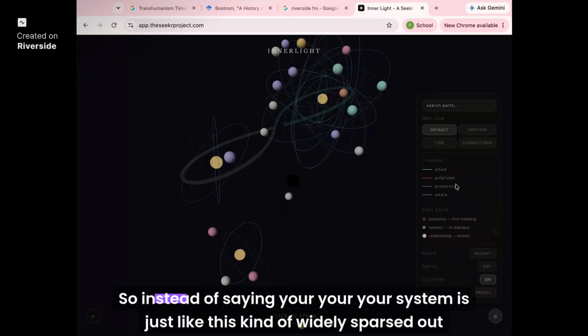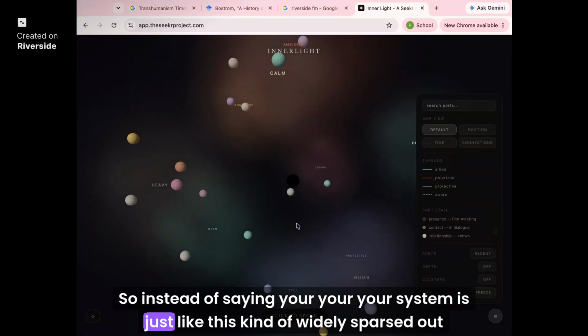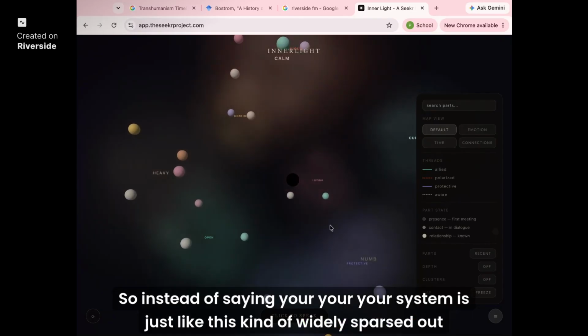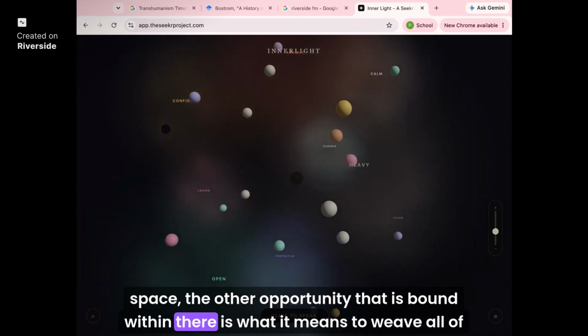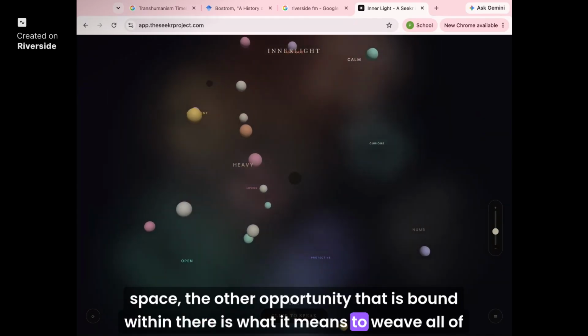There we go. So instead of saying your system is just this kind of widely sparsed out space, the other opportunity that is bound within there is what it means to weave all of this together.